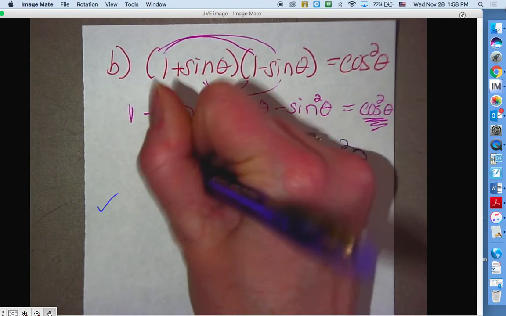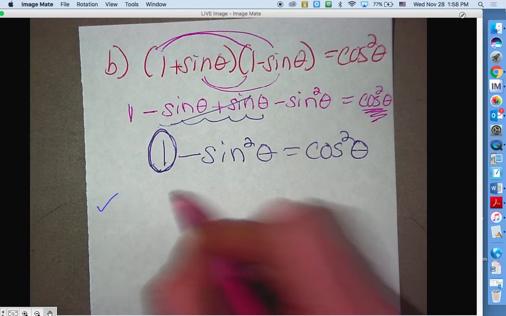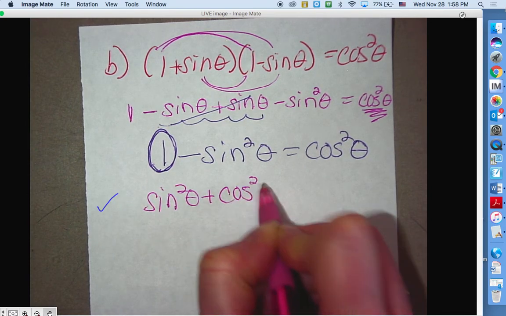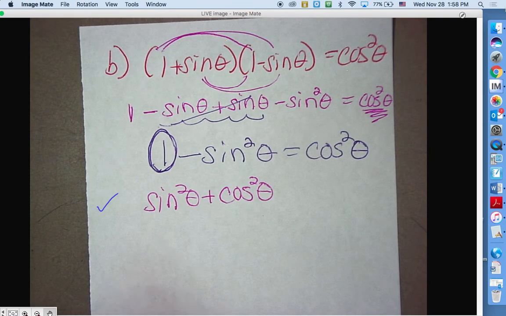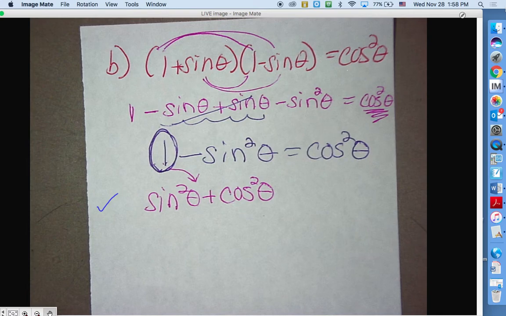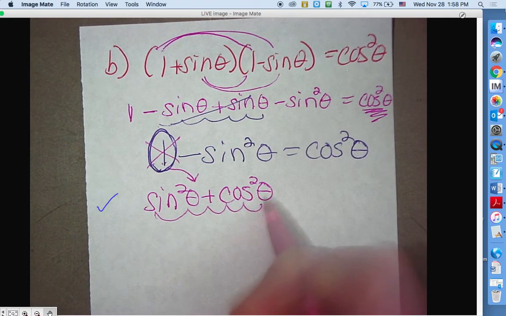The number 1, if I take that out, what can we replace it with, Brandon? Well, I was looking at the first one that says sine squared plus cosine squared equals 1. So we can take it out and replace it with exactly what Brandon told me. 1 is equal to sine squared plus cosine squared. So we're taking the 1 out, we're replacing it with whatever it's equal to.